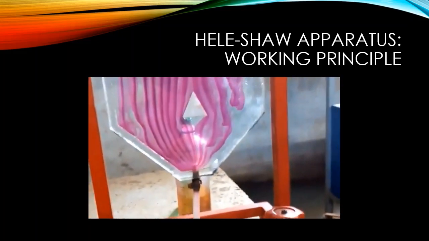This particular Hele-Shaw apparatus is fully suitable for potential flow problems. We are not caring about other kinds of problems. It is only suitable for potential flow problems. Potential flow means incompressible inviscid flow, and for every incompressible inviscid flow, this Hele-Shaw apparatus will be useful.